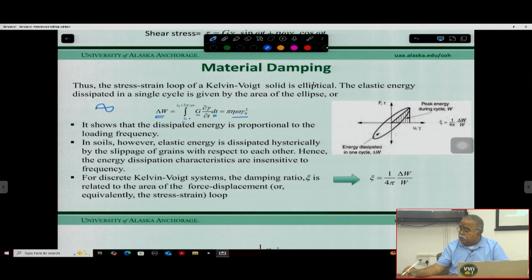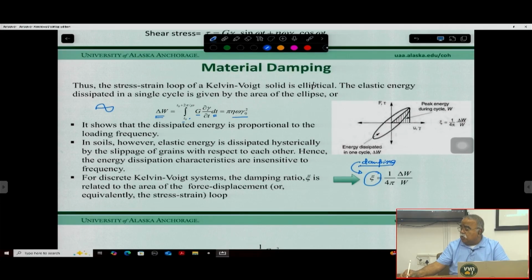Now, if you say that this is being attenuated, we calculate a parameter called the damping parameter. As the wave propagates through the soil, it gets dissipated, that means it gets damped, right? This damping parameter is known as zeta.